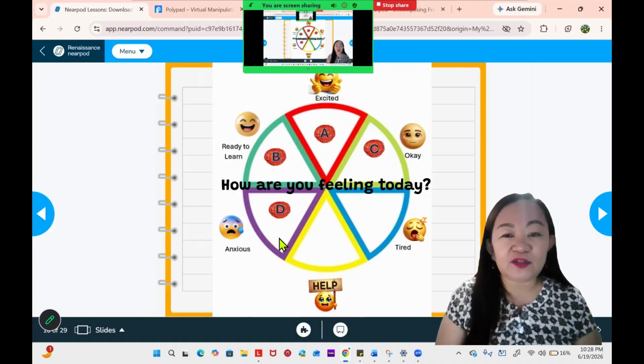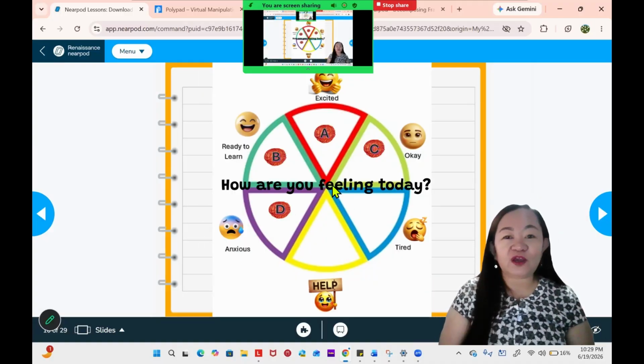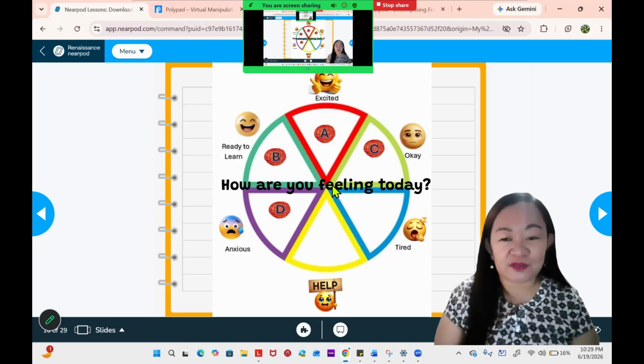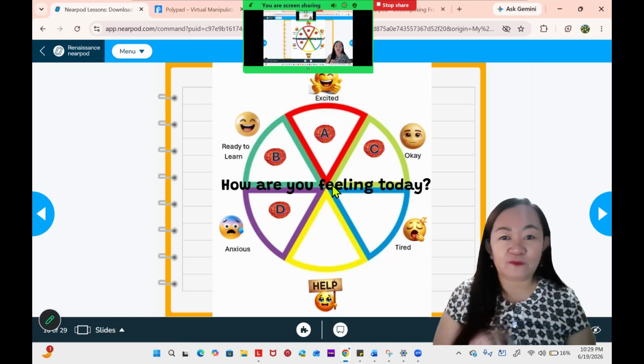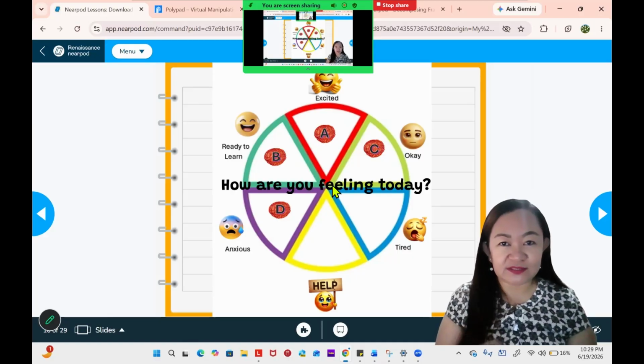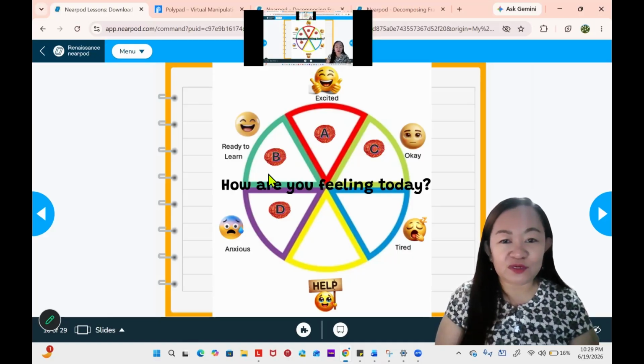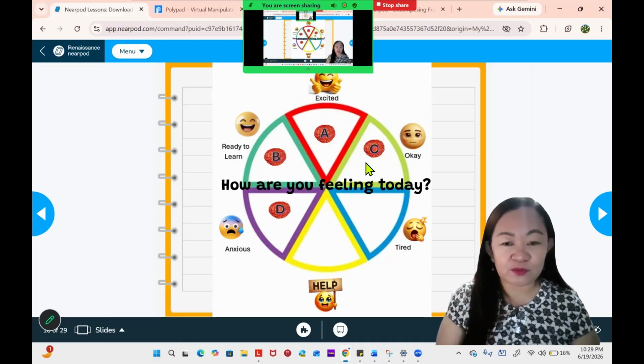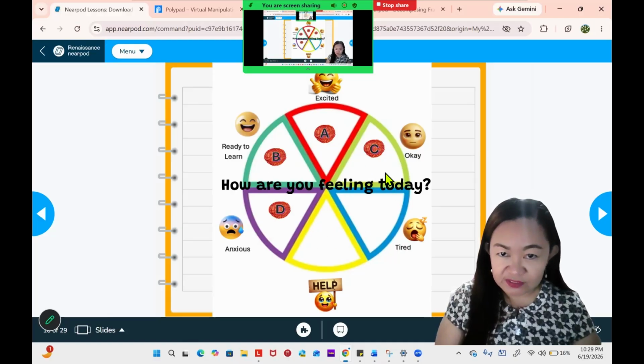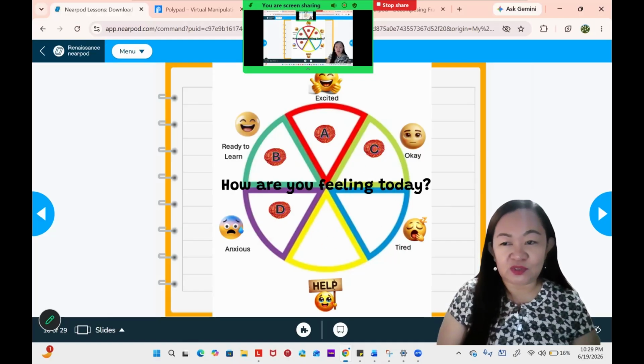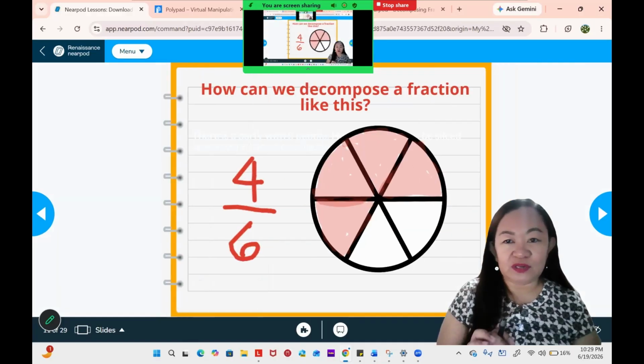So looking at your check-in, what fraction can you think of by looking at this figure? Okay. 4/6. Why 4/6? All right, because there are 4 slices with pepperoni, and then the total number of slices are 6. Okay, so it should look like this.